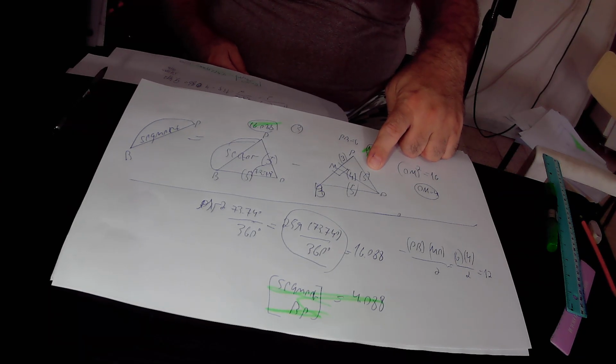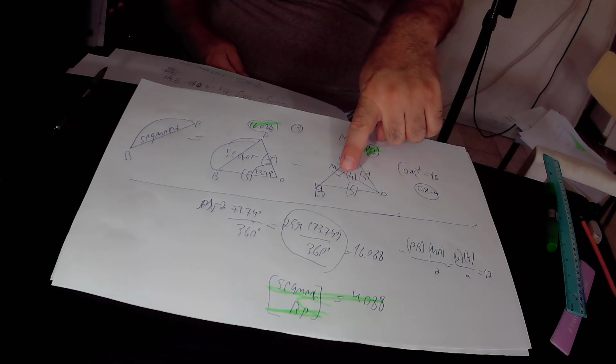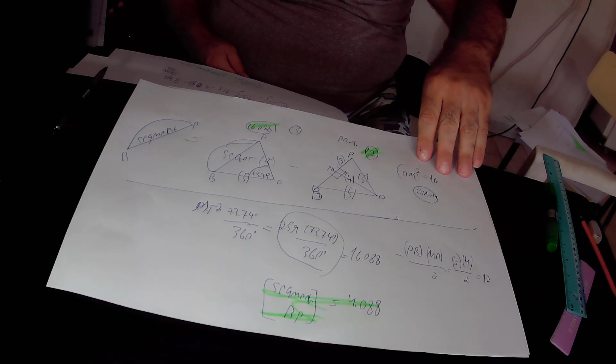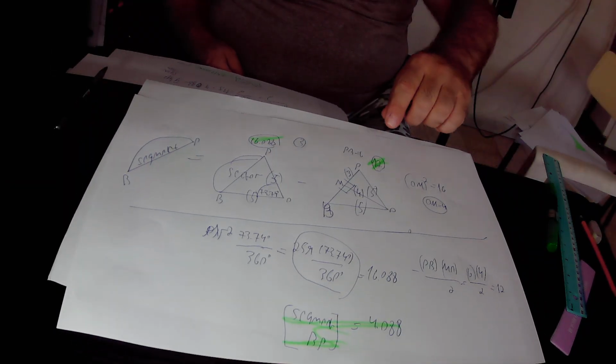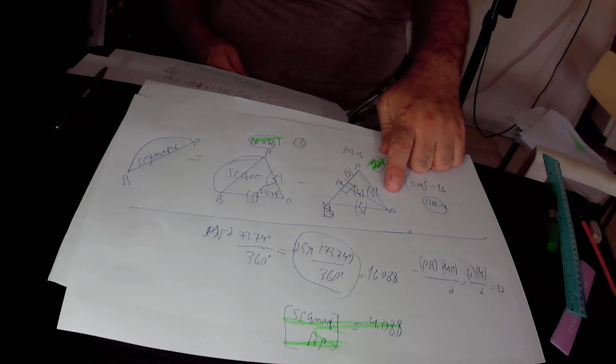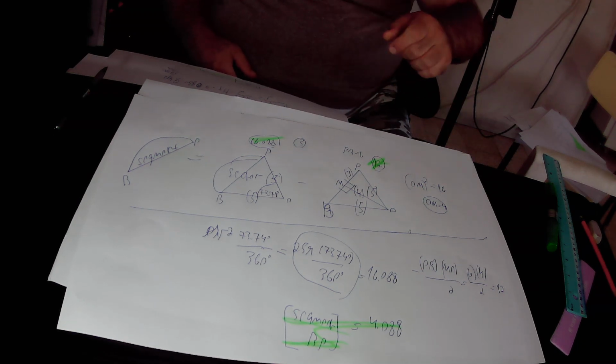POB. Why is triangle POB an associated triangle? Because PO equals OB equals 5. So we use the rule that says that the perpendicular to the base of an associated triangle bisects the base.